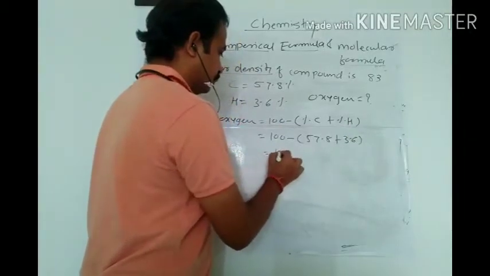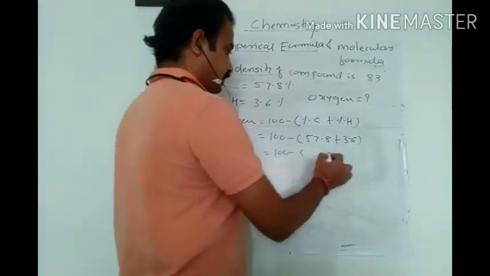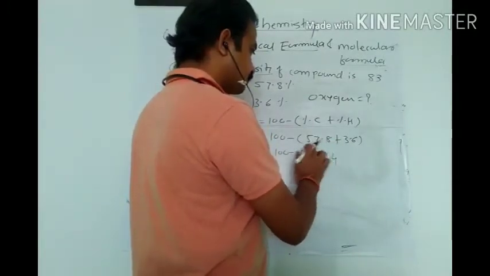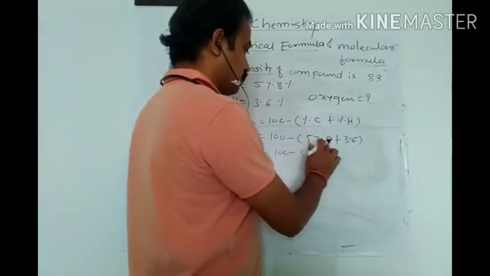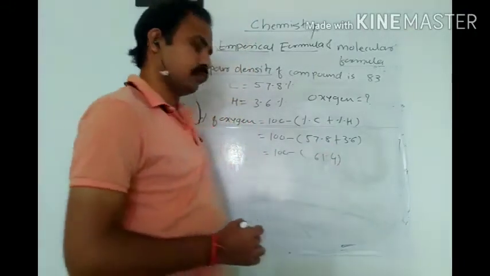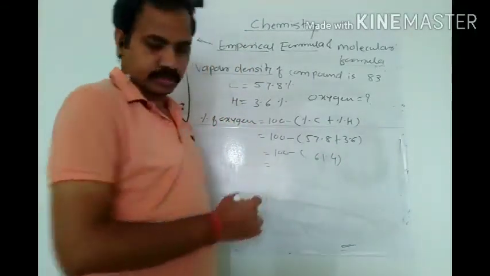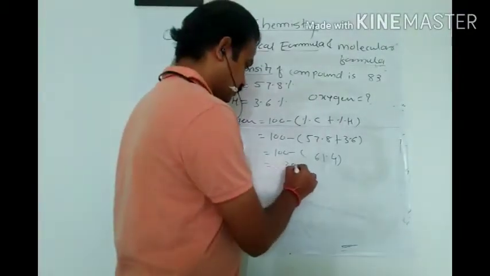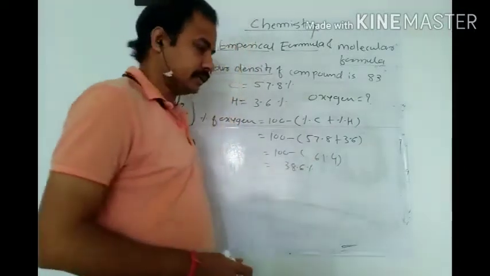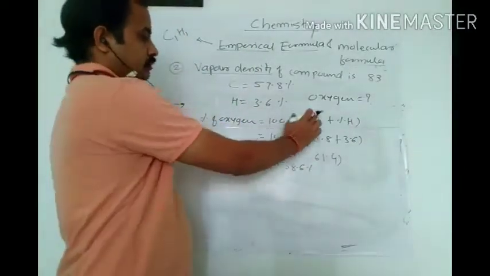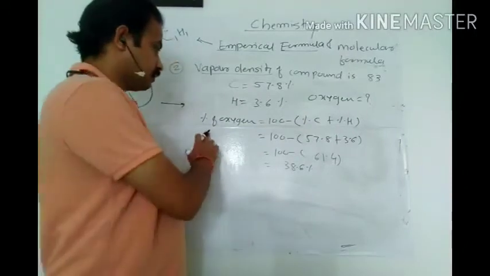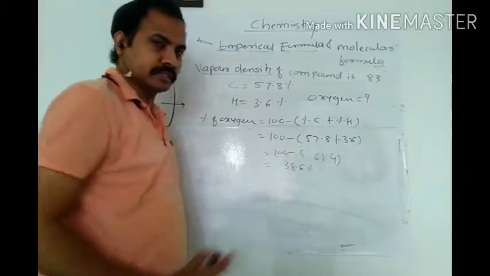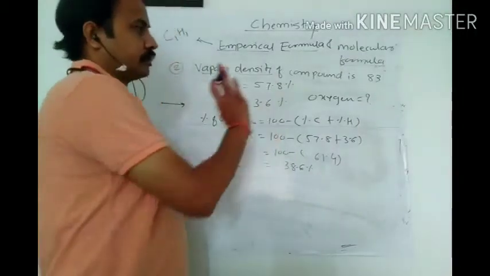If I add them, I get 61.4. If I subtract it, I get 38.6. So I can say that in the given compound, percentage of oxygen is 38.6%. This is how you have to calculate the oxygen.